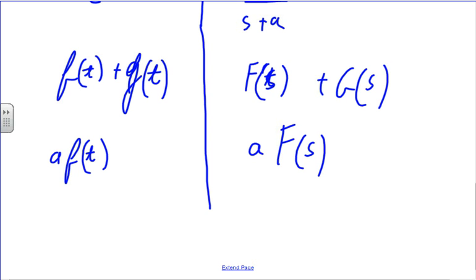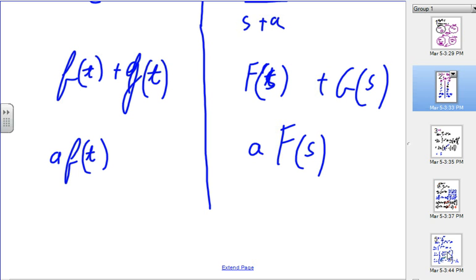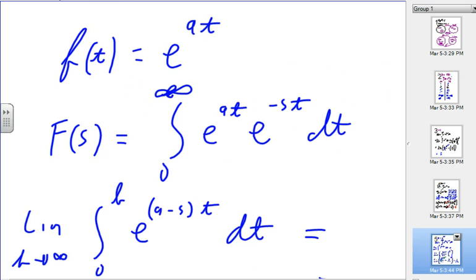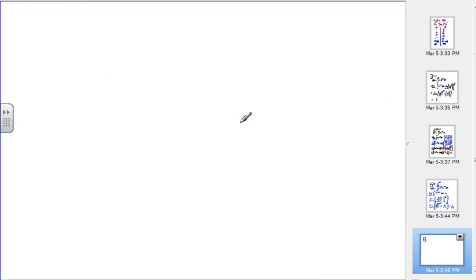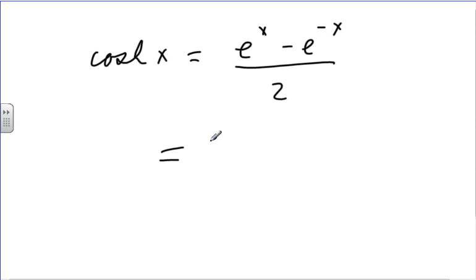Okay, well, we need to have more fun. Somebody have another function they'd like me to do? Hyperbolic cosine. All right, well, hyperbolic cosine is already done. Oh, you mean one that's not on this list? No, it's already done. Hyperbolic cosine of x is e to the x plus e to the minus x over 2. So that's e to the x over 2 plus e to the minus x over 2.